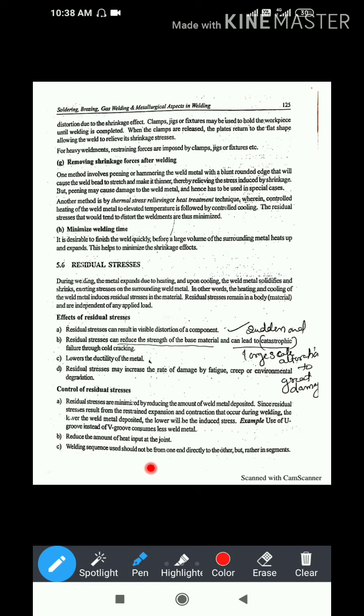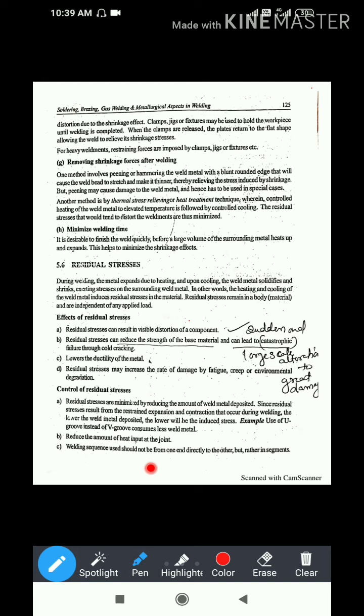In the U shape the area of the edges is made more. Whatever the thickness, if possible try the V shape, so that the area of deposition of the welding material will be less. For that reason the residual stresses can also be controlled, as the weld material deposition is decreased.